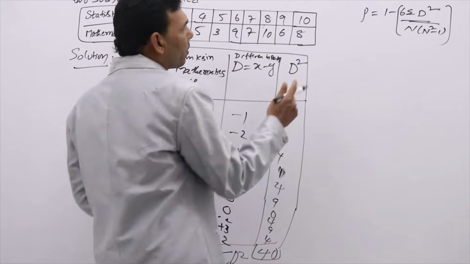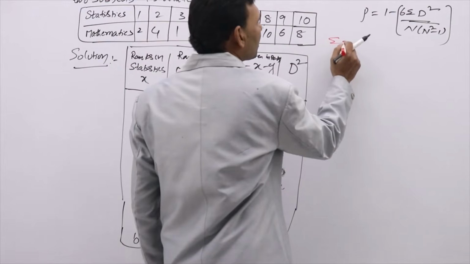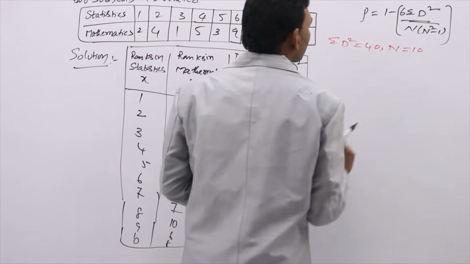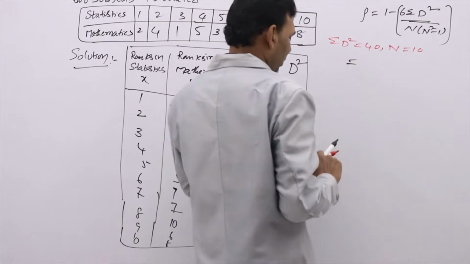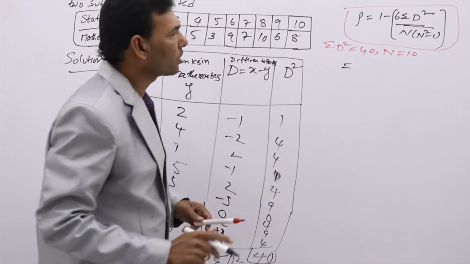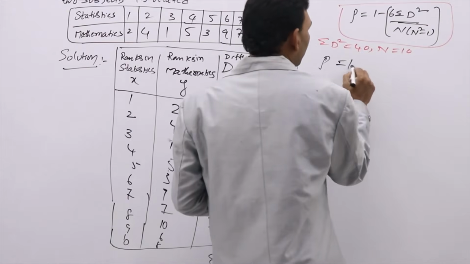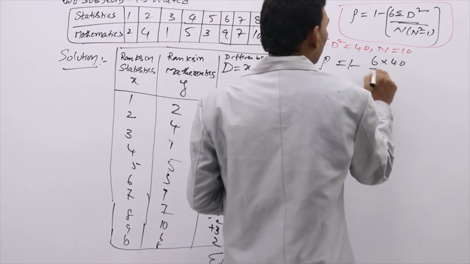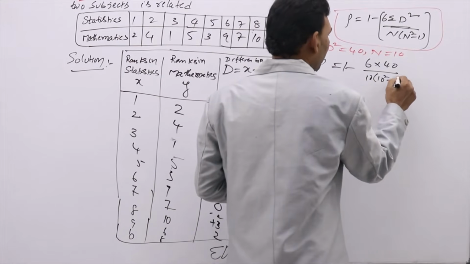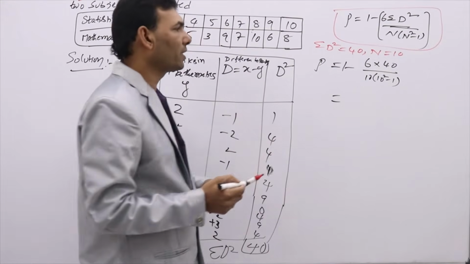So sigma D square is 40, and N is 10. Now substitute in the formula for finding the rank correlation coefficient: rho equals 1 minus 6 into 40 by 10 into 10 square minus 1. Use your calculator to get that answer.